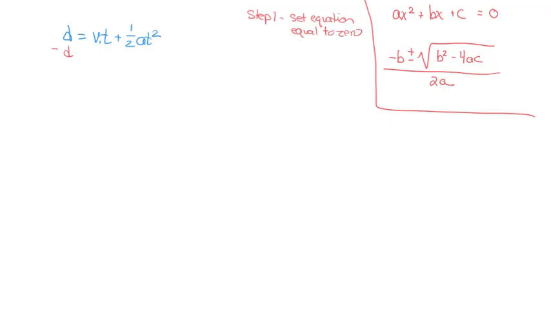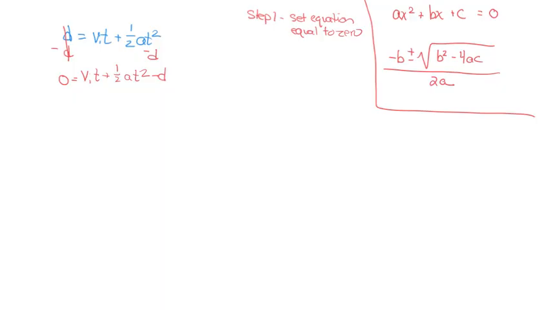So minus d cancels on this side, and it becomes 0 equals vi t plus 1/2 a t squared minus d.